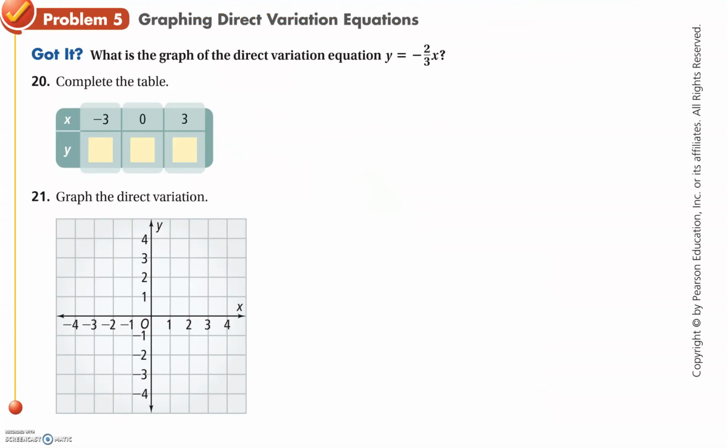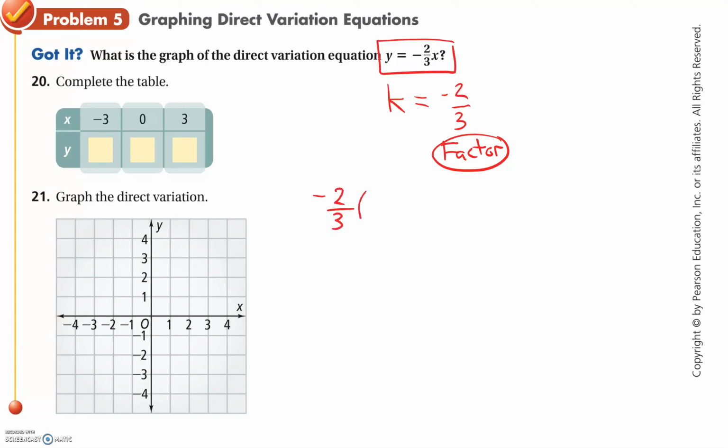So the last thing that you would be asked to do is graph the direct variation, and they give us this equation. So right now we already know the constant of variation is negative 2/3. So that's the factor. A constant of variation is a factor of the problem. So when we look at this, we have negative 2/3, and we're trying to multiply it by our first input value, which is an x value, so it's just substitution, negative 3.